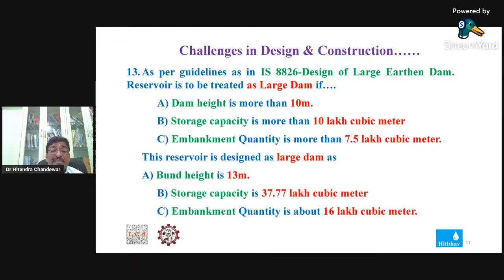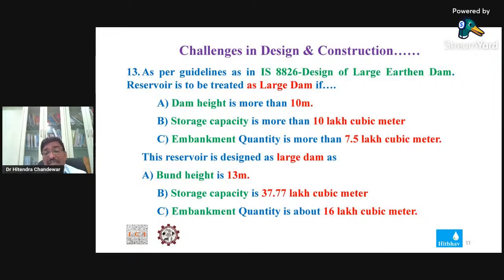The earthen bund height was about 13 meters, which is more than 10 meter, and the storage capacity was 37 lakh cubic meter, which is more than 10 lakh cubic meter. The embankment quantity was about 15 lakh cubic meter, which is more than 7.5 meters.